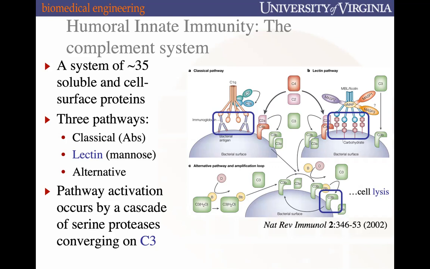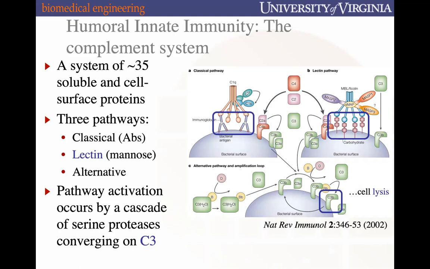You have another C3 convertase from the alternative pathway that's different, factor B, factor D, and that leads to C3b, and then C3b with C3 makes a C5 convertase. I was trying to avoid focusing on the different proteins, the different convertases, because it's really easy to get distracted and focus on those.